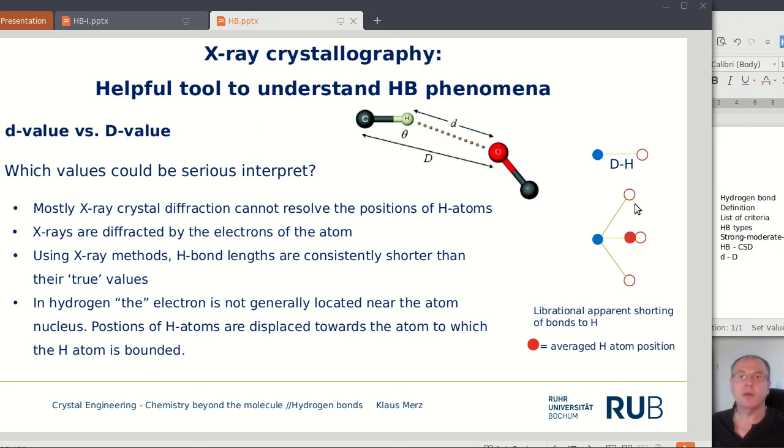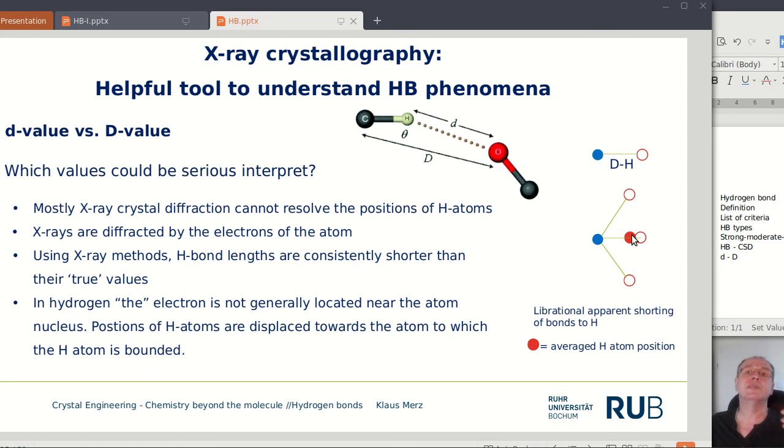What you see is a libration between two positions, and what you get is the average distance, the distance of the blue and the red ball.